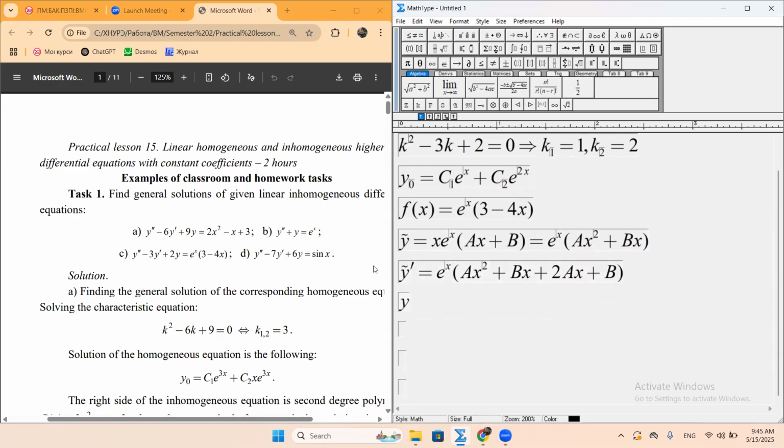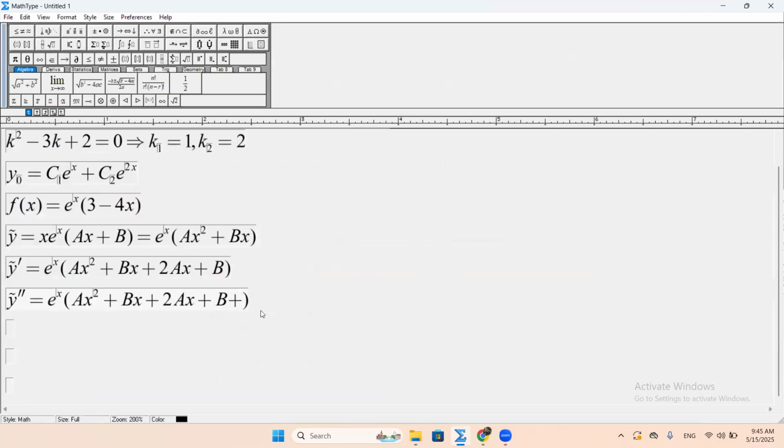Then y double prime: again differentiating this expression, first we differentiate e to the power of x, and then the polynomial, so we have 2ax plus b plus 2a.